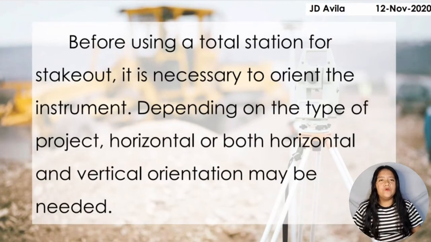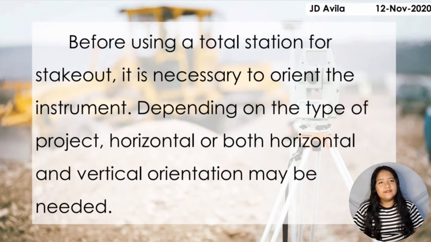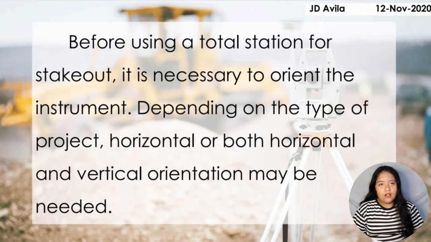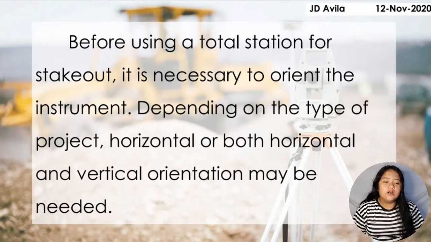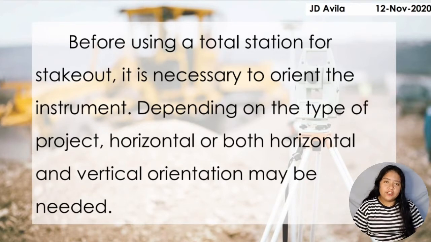Before we use a total station instrument, it is necessary to orient the instrument. Depending on the type of project, horizontal or both horizontal and vertical orientation may be needed. For example, if just the lot corners of a subdivision are being staked, then only horizontal orientation is needed.